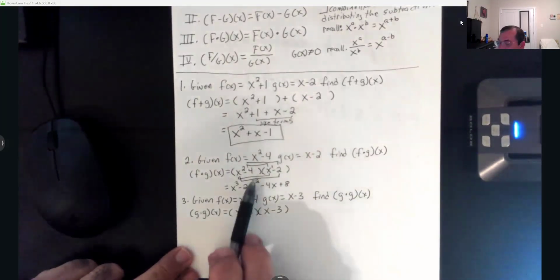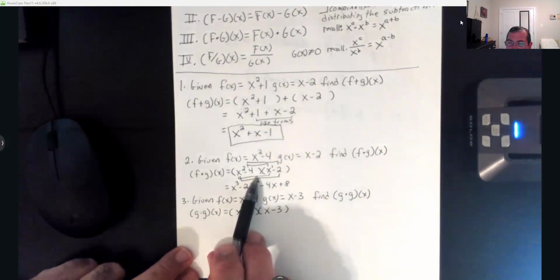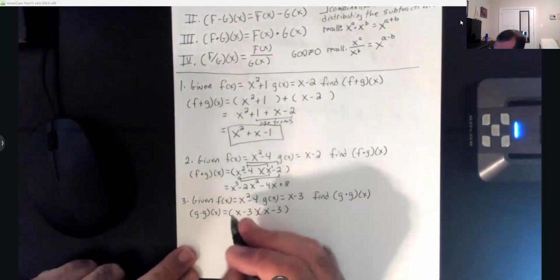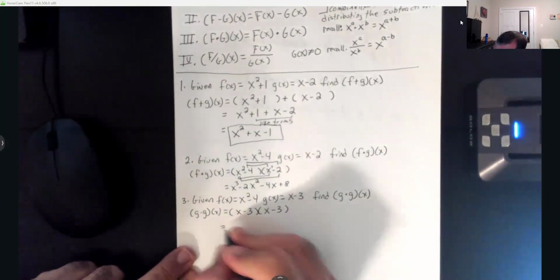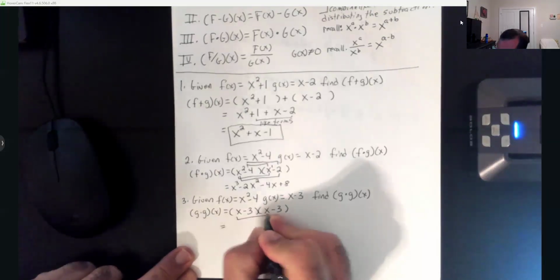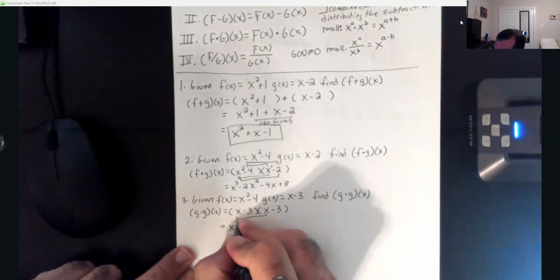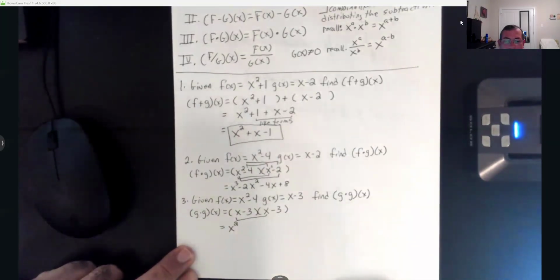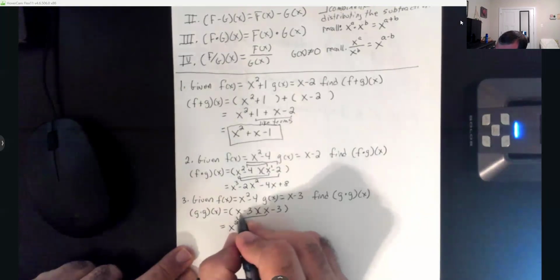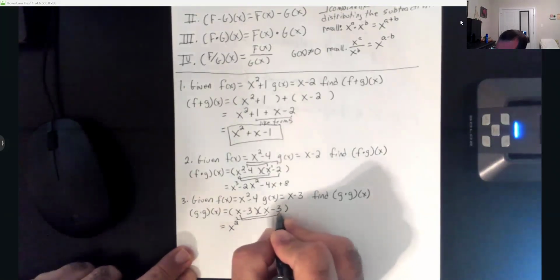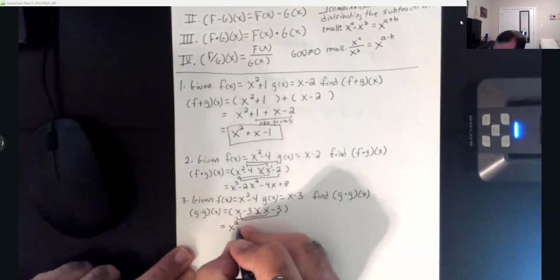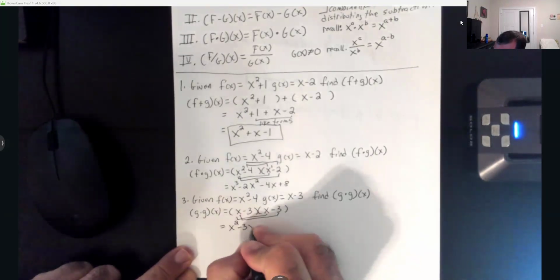And once again, we're going to FOIL that. So y'all want to take this first x, and I've got x times x, so we get an x squared. Then I'll take that x times that negative 3, and I get a negative 3x.